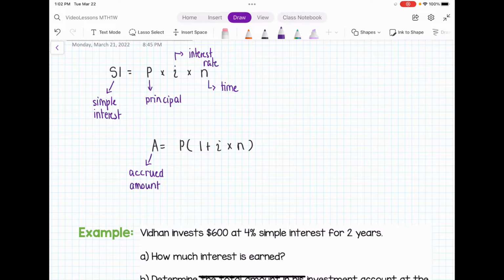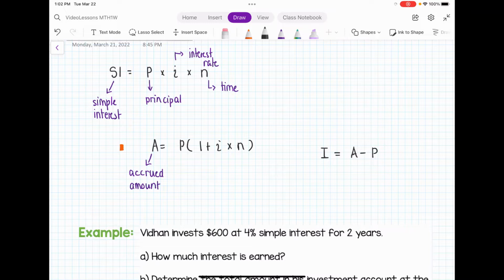Okay, so the first formula we're going to use to find the actual amount of interest, and then the second formula, which is the one I prefer to use all the time, because your interest is always going to be the accrued amount minus the principal.